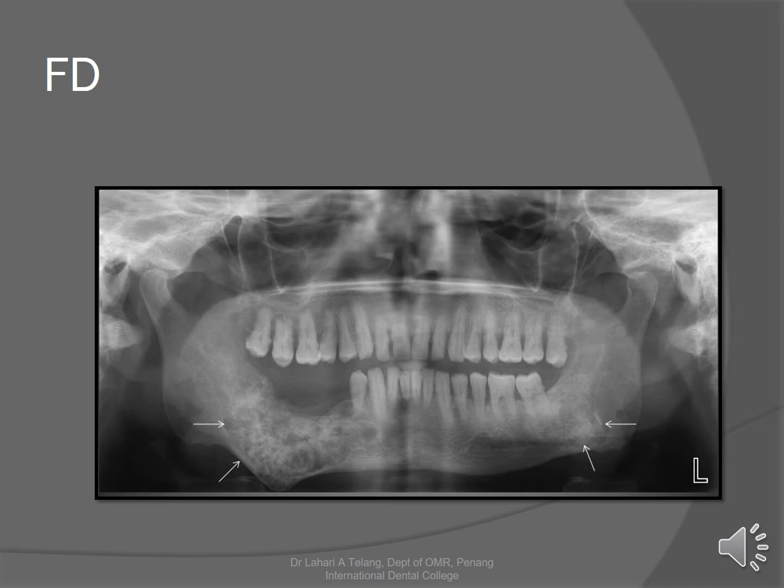The arrow marks point towards the mandibular body region, where the appearance looks confusing, but the trabecular pattern is not normal, and this is called ground glass, or also fingerprint-like appearance. So orange peel, ground glass and fingerprint are all terms used to describe the radiographic appearance of fibrous dysplasia.